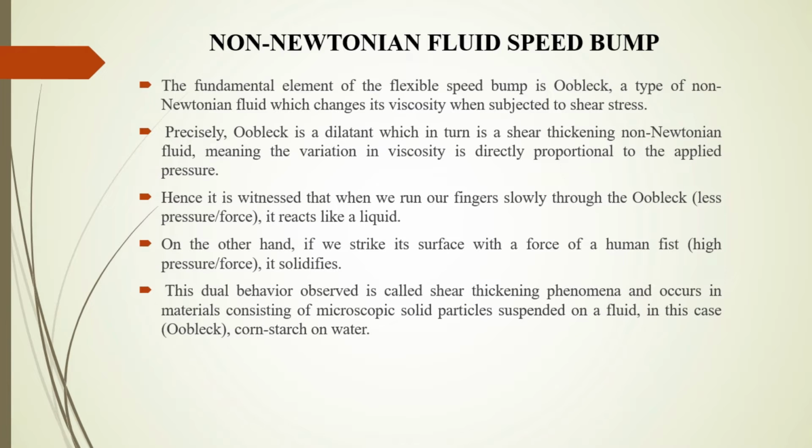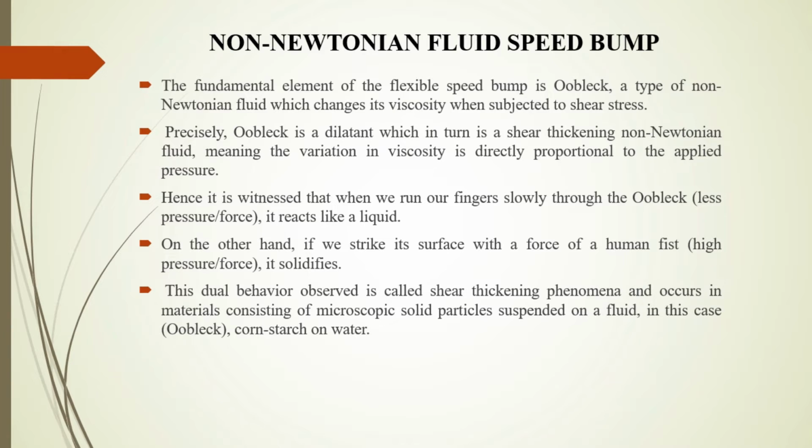When we run our finger slowly through the oobleck, it reacts like a liquid. When we strike its surface with the force of a half fist, it behaves like a solid.